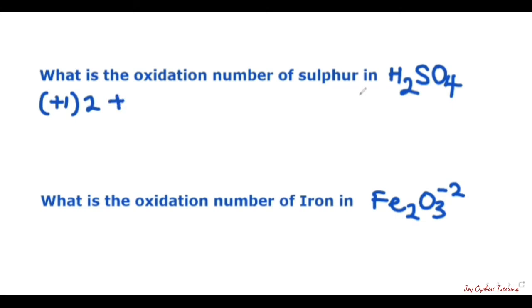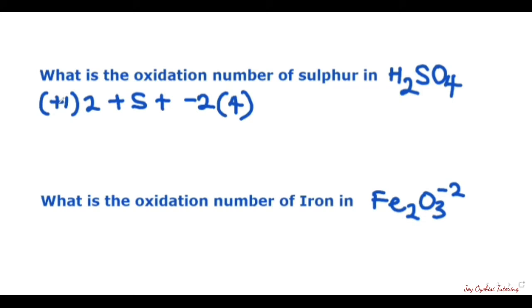And for sulfur, we don't know what it is. That is what they're asking us. So you put the x there. And oxygen is always -2 in all of its compounds, except for peroxides. In this case, this is not a peroxide. So that will be -2 multiplied by 4.